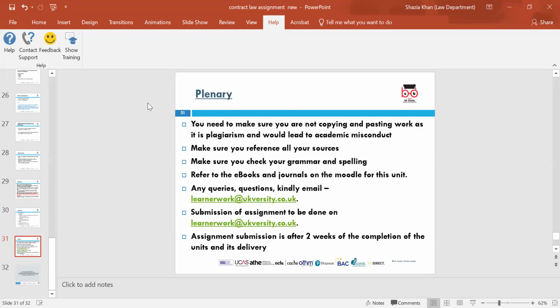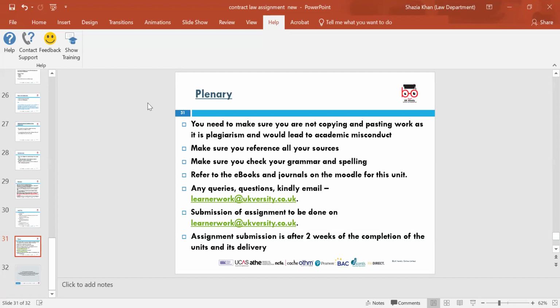Just some final plenaries. You need to make sure you are not copying and pasting work, as it's plagiarism and would lead to academic misconduct. So make sure you are not taking sources from the internet without referencing. Make sure you write things in your own words and paraphrase things. Make sure, and I go back to this all the time, you reference your work.